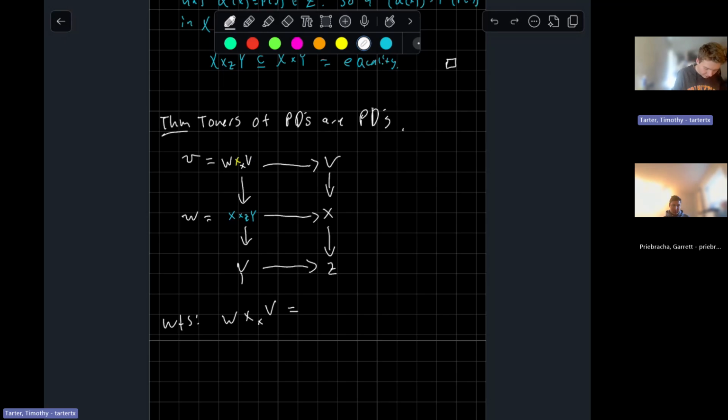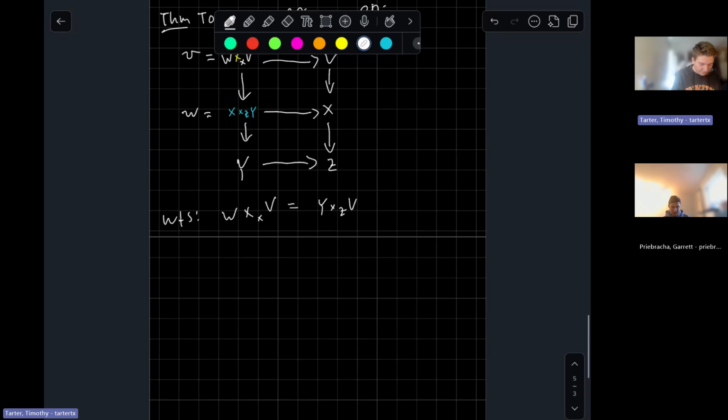I did it a second time. There we go. Pullback through X of W with V is equal to the pullback of Y through Z with V.